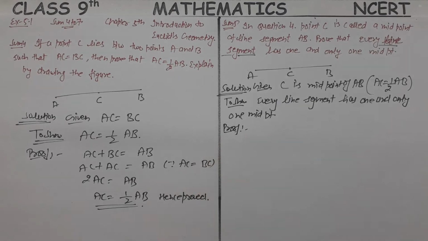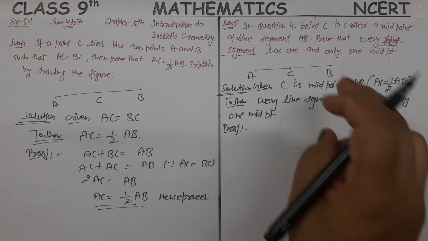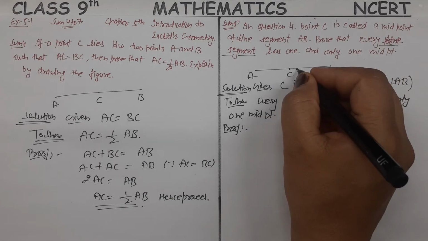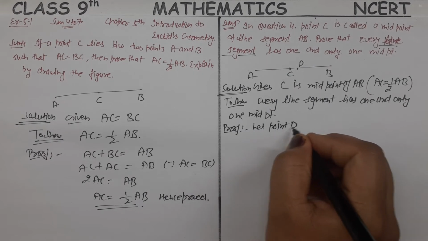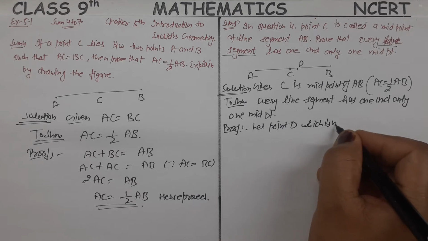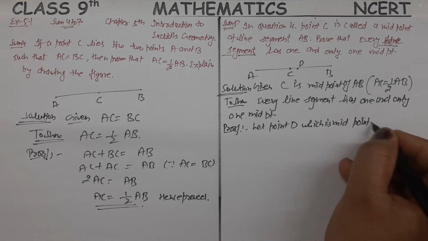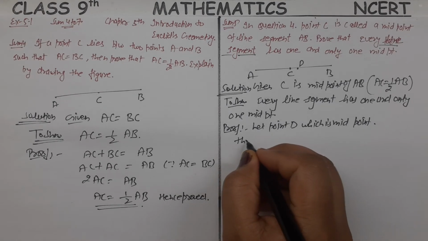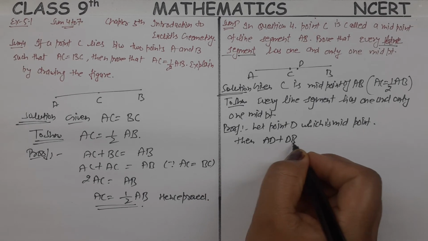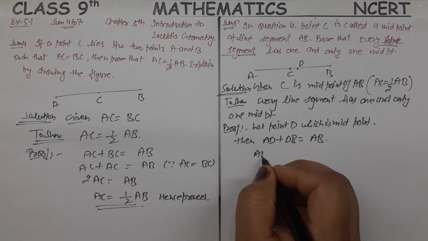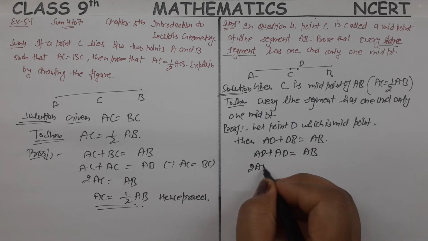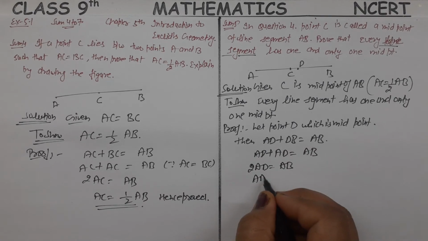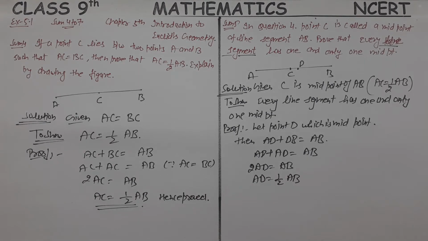Now proof. In this question we will take the contradiction method. Let the point D be another midpoint, then AD plus DB equals AB, AD plus AD equals AB, twice of AD equals AB, AD is half of AB.